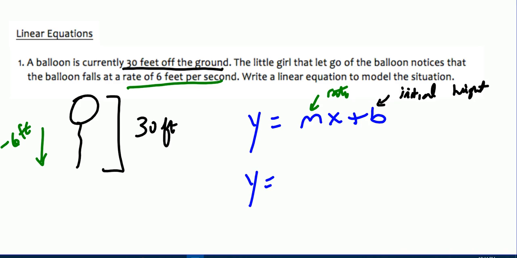So if we plug everything in, we get y is equal to negative 6x, and then it's going to be plus 30 feet off the ground. Okay, and there's your answer.